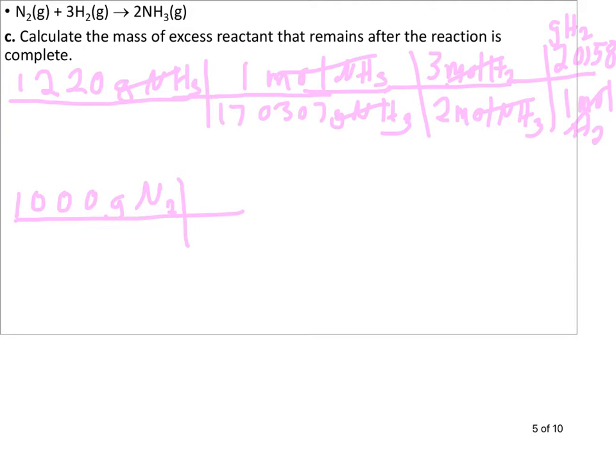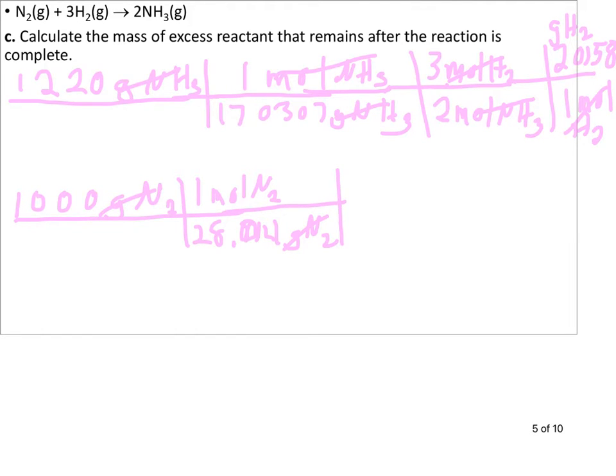And on the other one, we would have done 1,000 grams of nitrogen. We want to figure out how much hydrogen matches up with it. And 1 mole of nitrogen is 28.014 grams of nitrogen. Grams divide out grams.